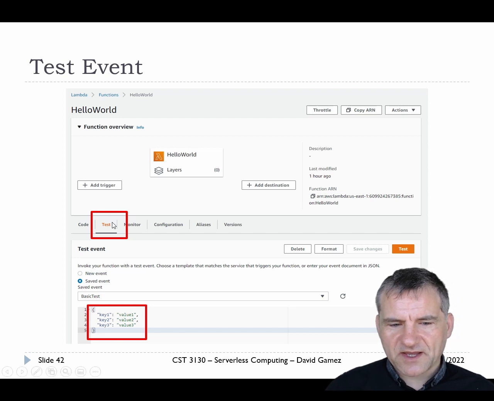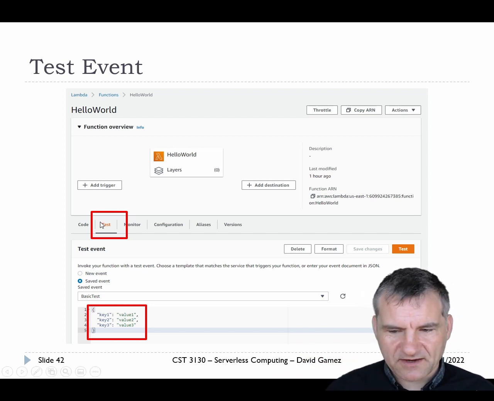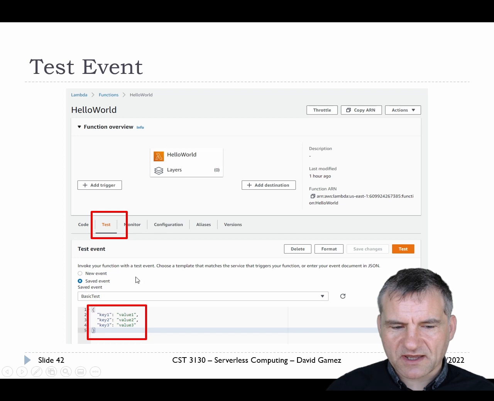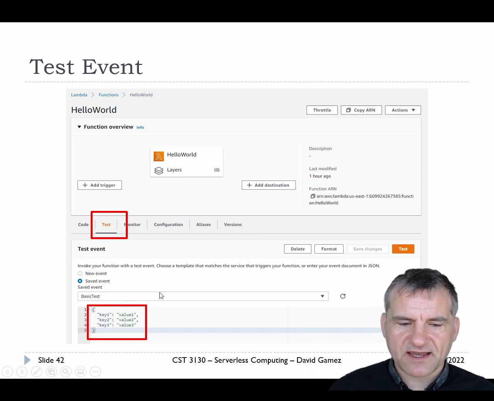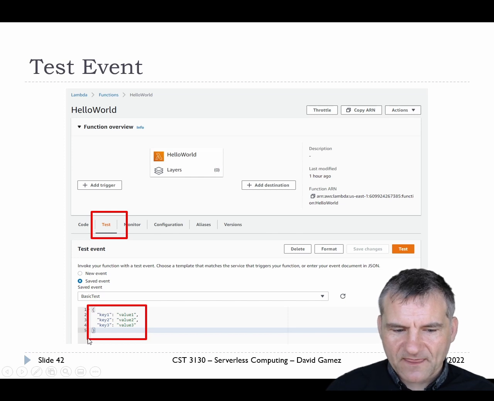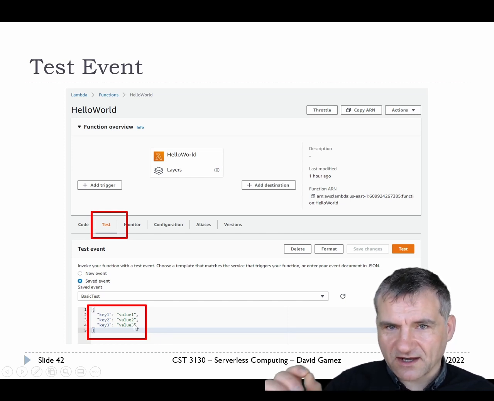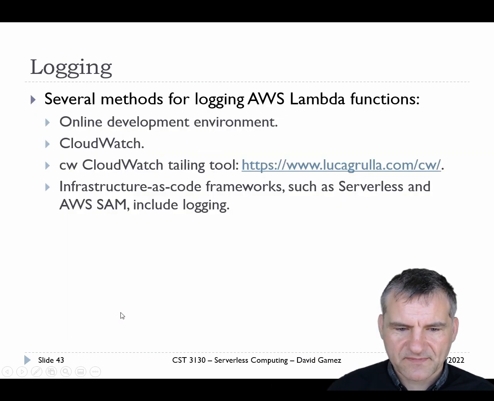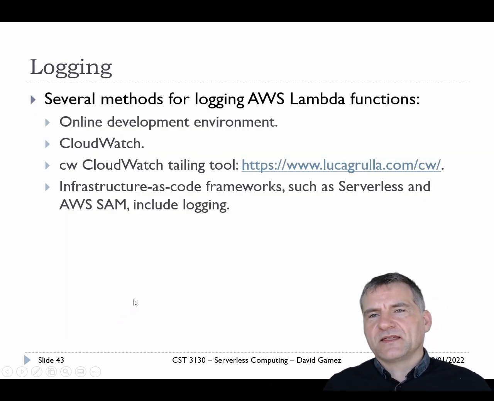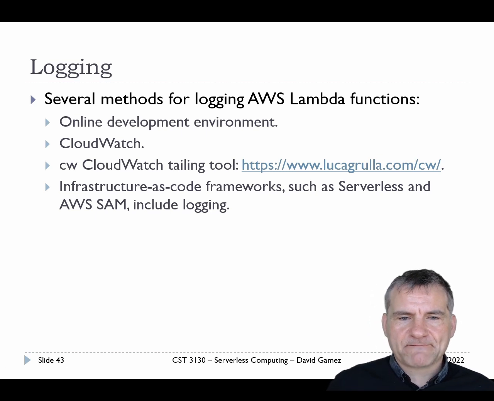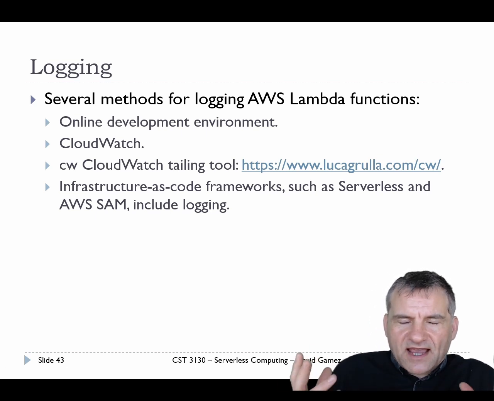To create a test event, we go to the test tab, create new events, give them names, and then select the test we want to apply. When we click on test, this test object is copied into the event argument that's passed into the Lambda function. I'll demo that so you understand what I mean.